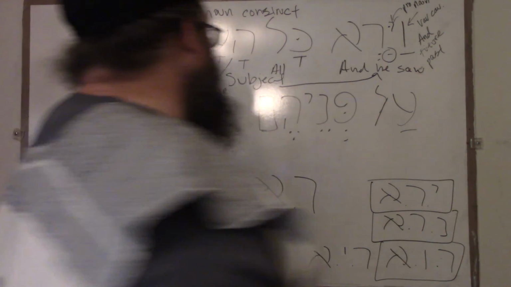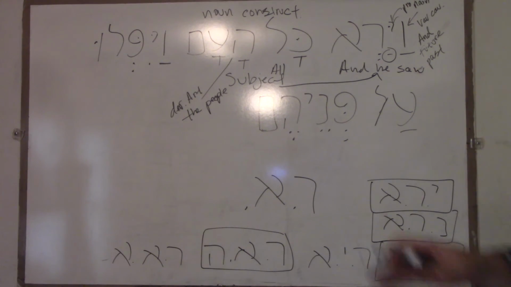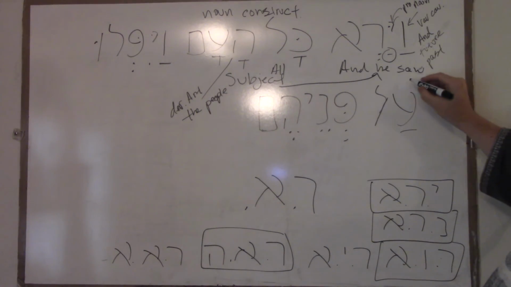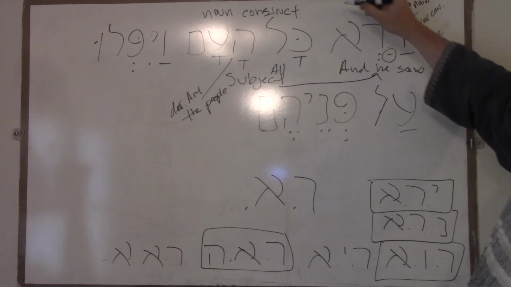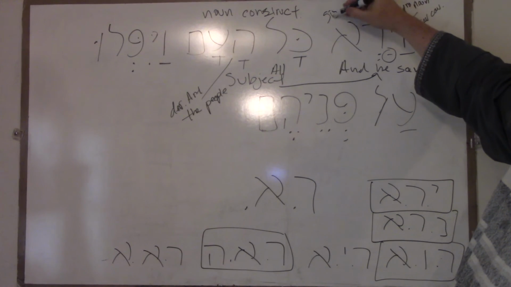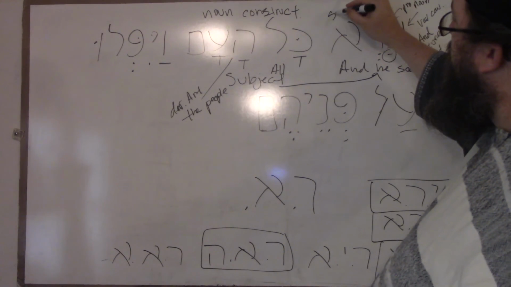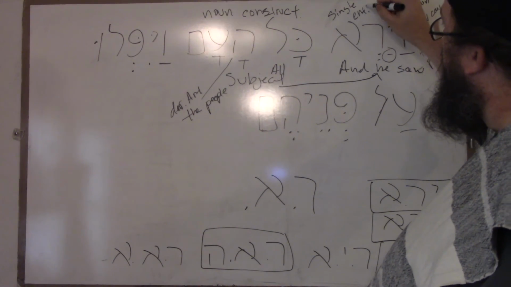So all the people is being looked at as one unified group. Okay, even though we have a collective group, the verb is defining it as a single entity. Okay, so here just got to remember single entity.